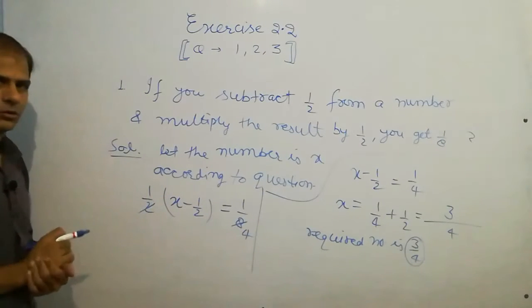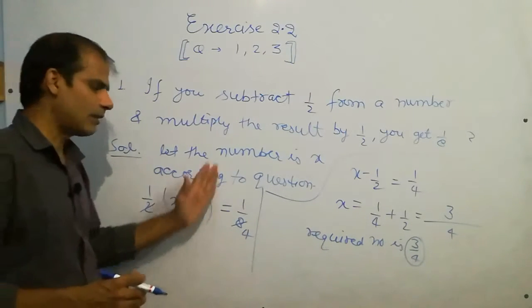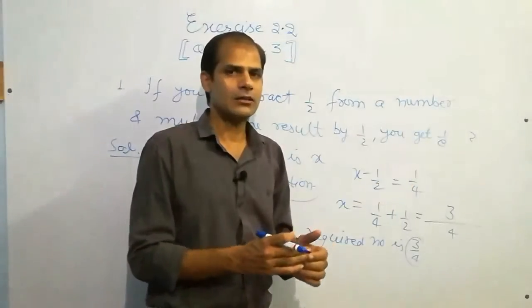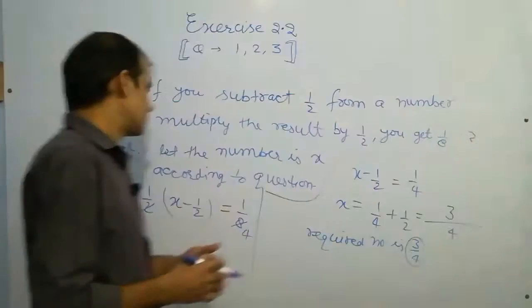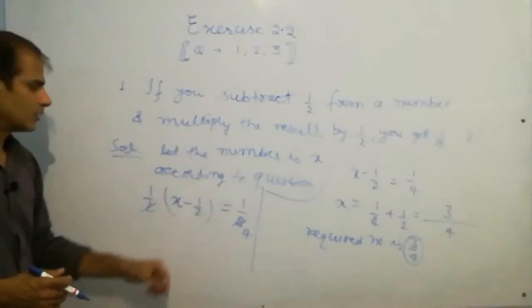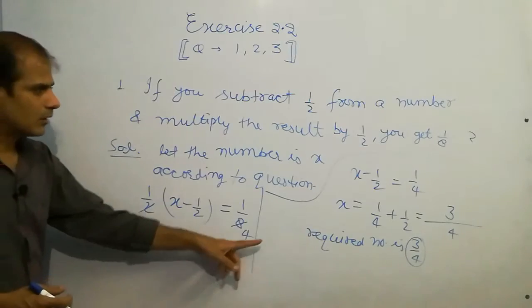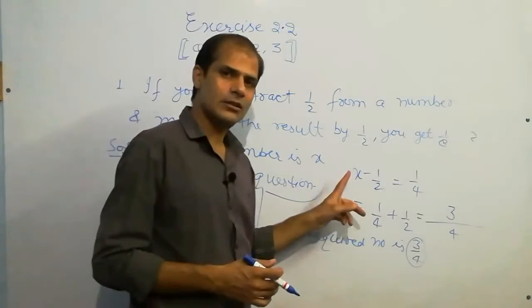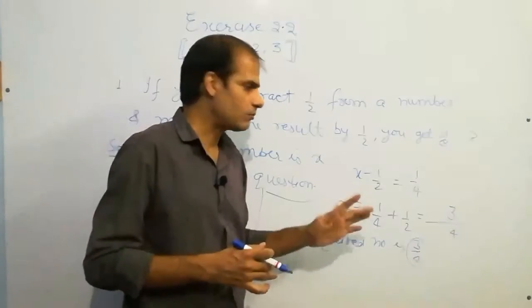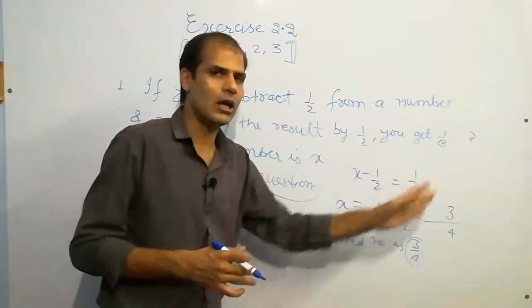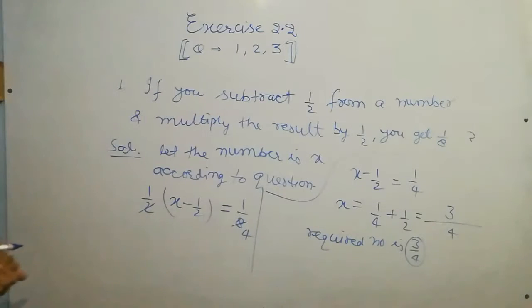Multiply by 1 upon 2 and you get 1 upon 8. जब भी आप देखते हैं you get या you obtain, you will put equal sign, cancel 8 and 2, this 4 times. The equation is converted into simplest form and you can find the value of x by transposing the terms on either side. So the required number is 3 upon 4.